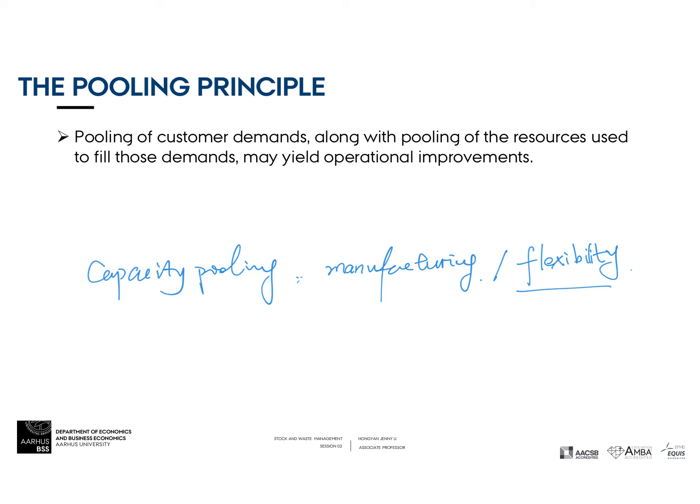So here we just summarize when you should consider pooling. So we call it the pooling principle. Pooling of customer demands along with pooling of the resources used to fill those demands may yield operational improvements. So that means you need to think about if you can save the resources, and then this is a direction that will help you to reduce the average inventories.